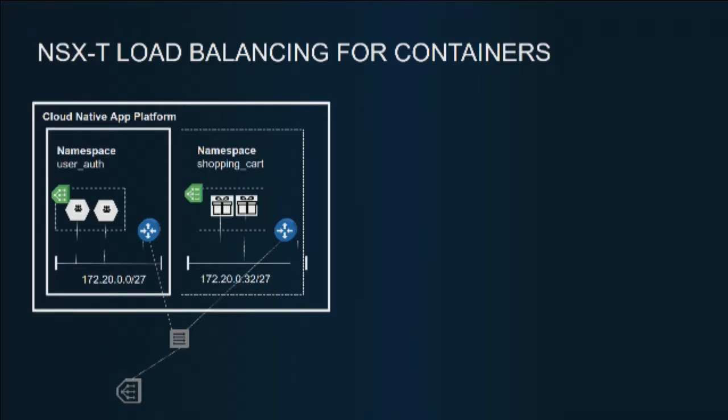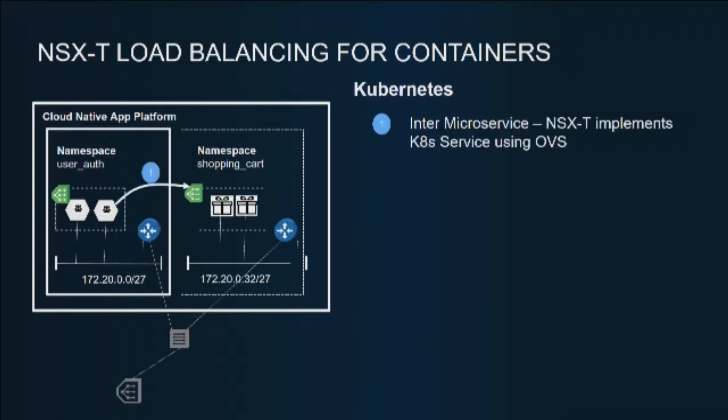Today, NSX implements the intra-cluster traffic, or inter-microservice load balancing, in the case of Kubernetes using Open vSwitch. So you have these container hosts, which are all Linux-based container hosts for now. That's what we're trying to build for in the first step. Each of them runs Open vSwitch.